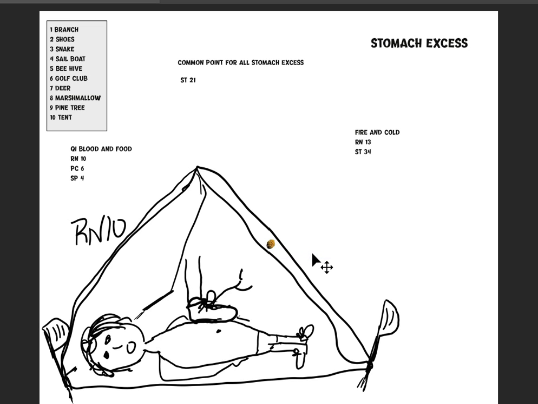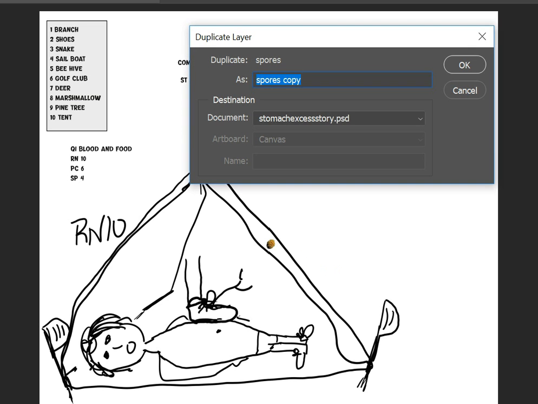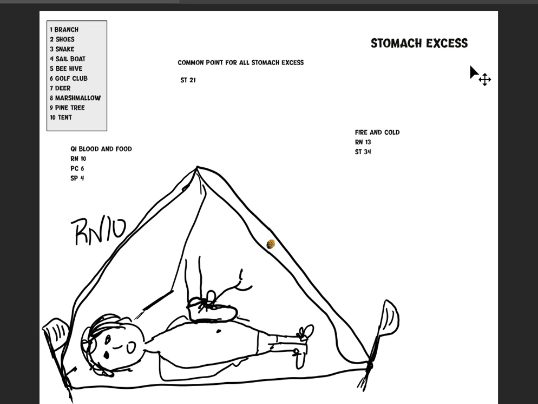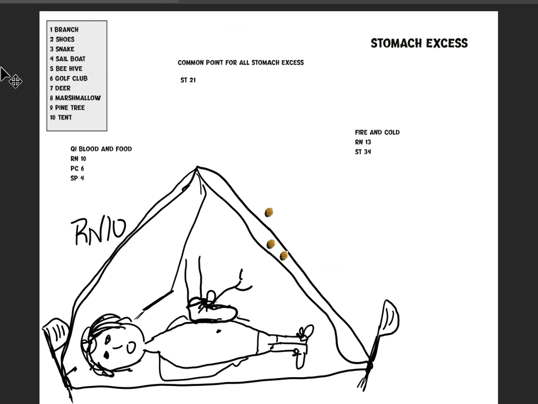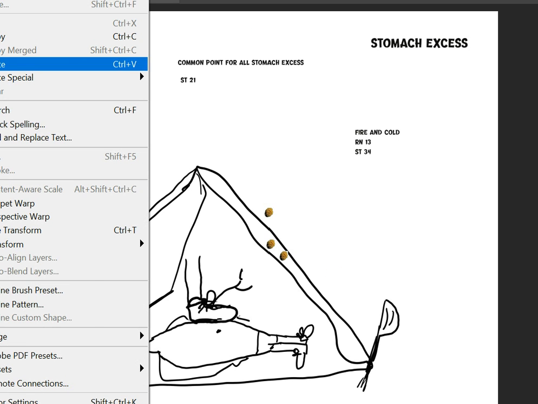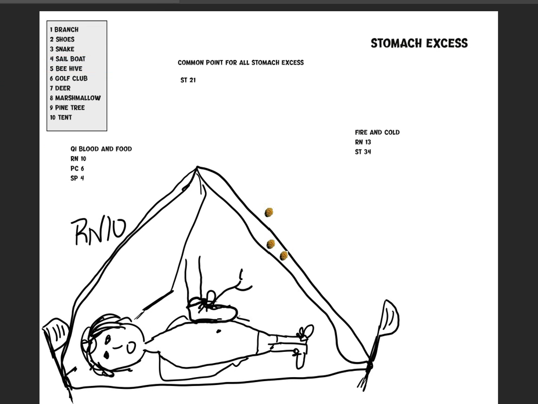See, spores. We can add a ton of spores on there. Let's paste a few more spores on there to really get an idea of some spores on the tent. Draw as many spores as you like.